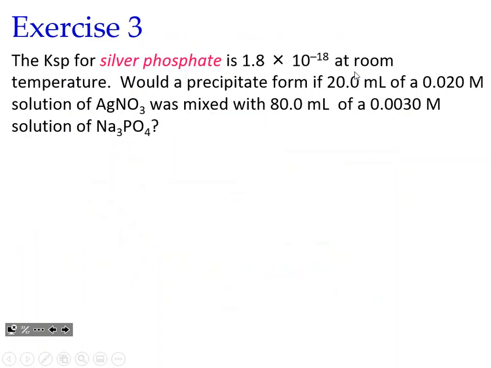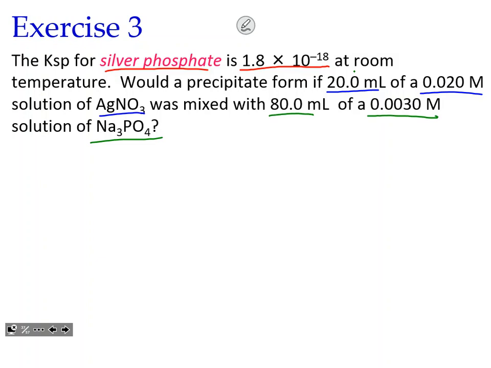All right, so let's take a look at this problem here. We have silver phosphate, Ksp for silver phosphate at room temperature right here. Would a precipitate form if 20 milliliters of 0.02 M AgNO3, silver nitrate, was mixed with 80 milliliters of 0.003 molar sodium phosphate?